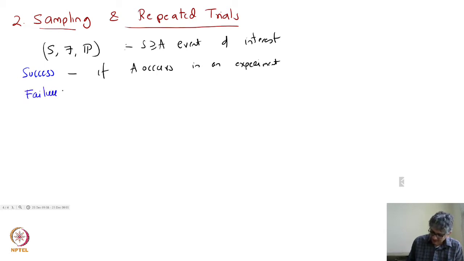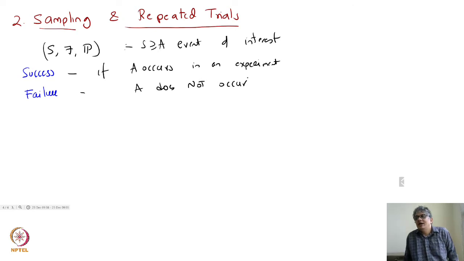So A is your event of interest. What you do is conduct an experiment. It has many outcomes, perhaps, but you're interested only in event A. You define the experiment as a success if A happens, and a failure if A doesn't happen.